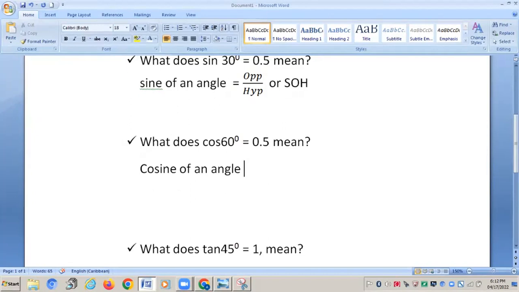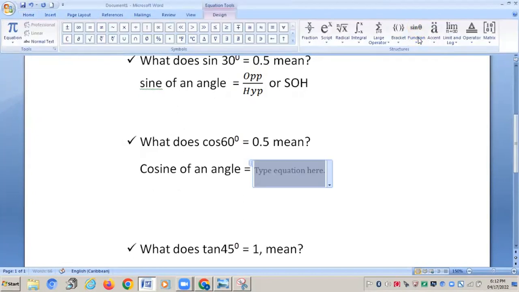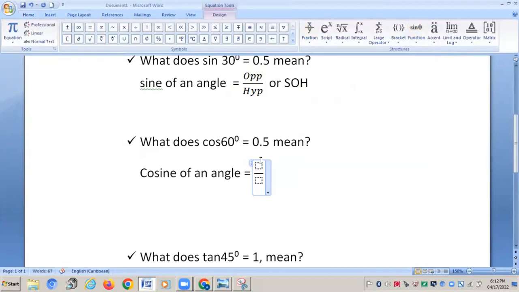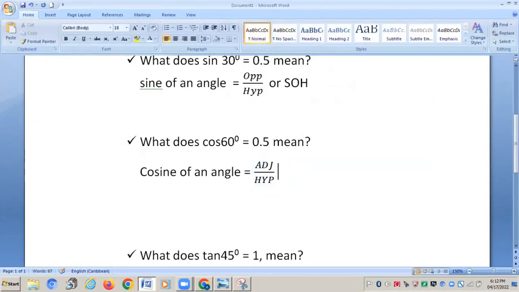An angle. Is equal to adjacent over hypotenuse. All right, or CAH.